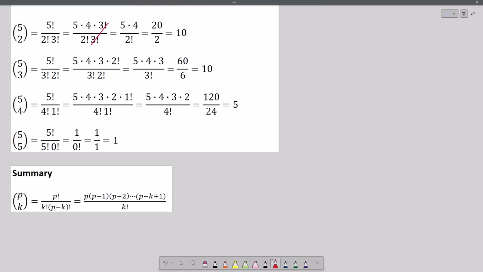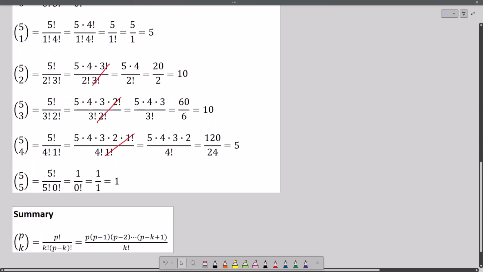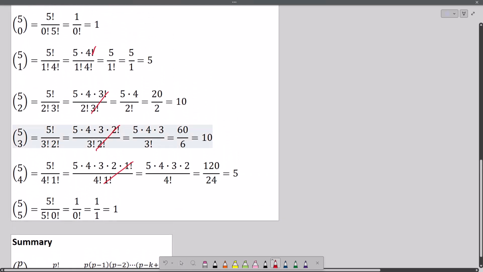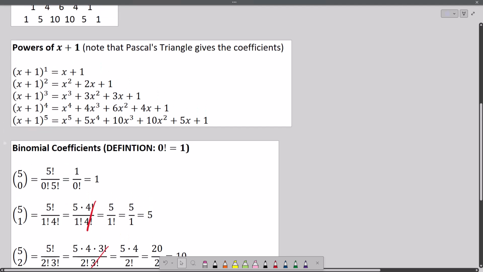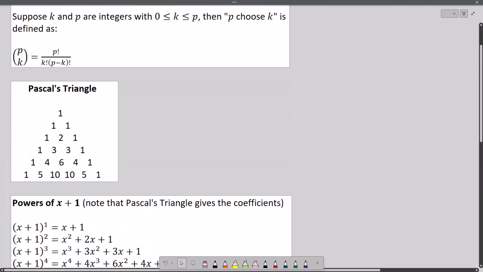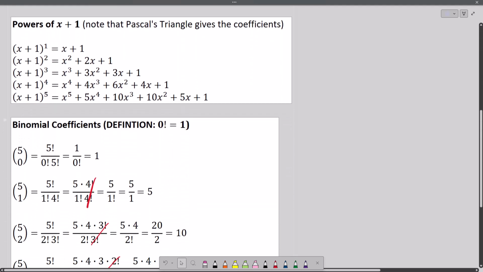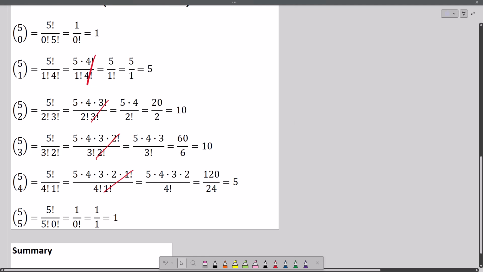So those are canceling to get to this step. Those are canceling to get to this step. Well, this one's not that interesting. 1 factorial is canceling to get to this step. So you can always cancel this part right here. The p minus k factorial will always divide into the p factorial, and let's see what remains.